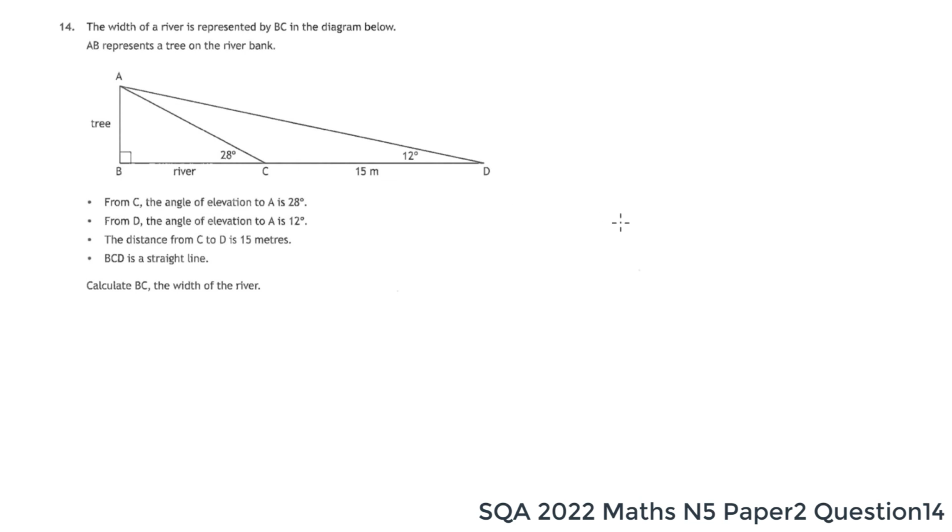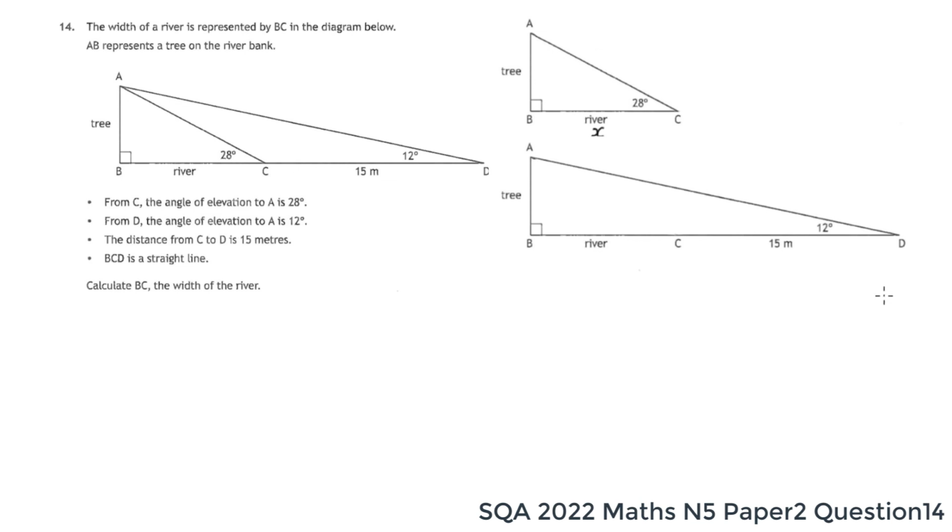So, fairly complicated diagram, but nestling in amongst all these lines are two right-angled triangles. Let's look at the small one. There it is. And since we're asked to find the width of the river, I'm going to call that x. And there's another right-angled triangle in there, much larger one. And there it is.